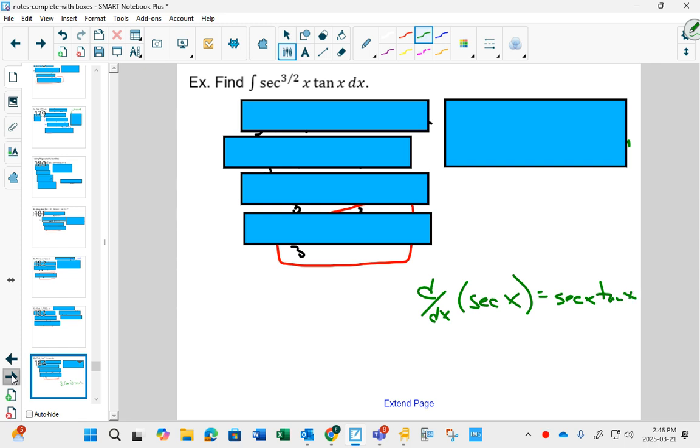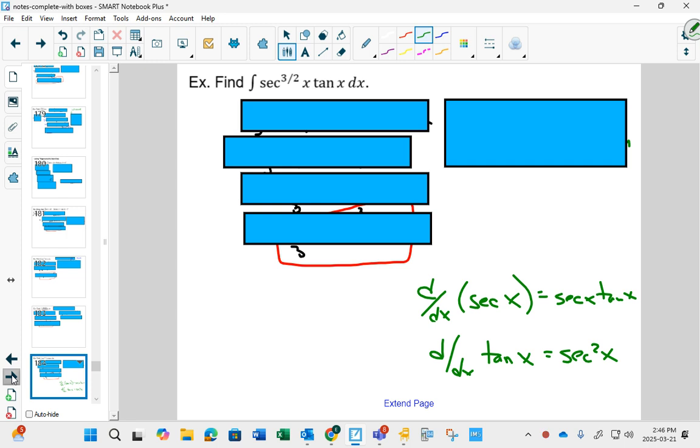What is the derivative of tan x? Secant squared x. Okay, so we have a beautiful relationship between tan and secant. They seem to work with each other.